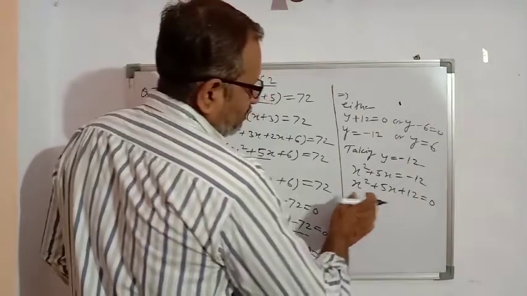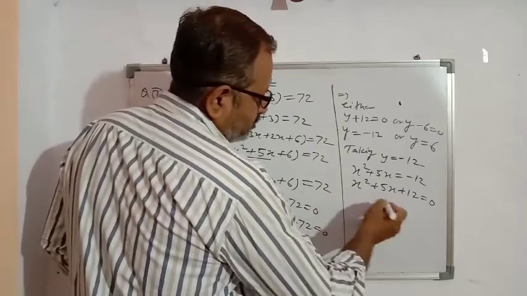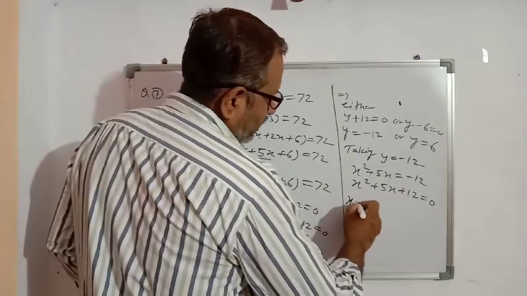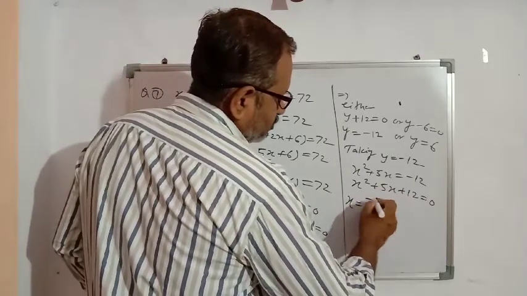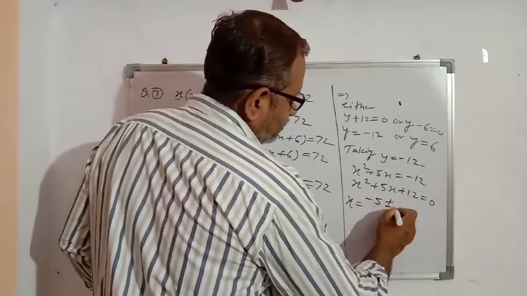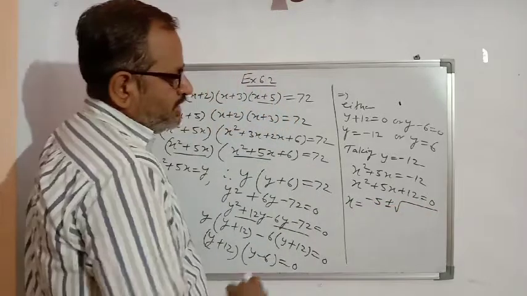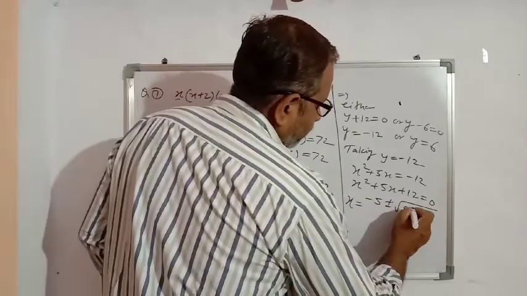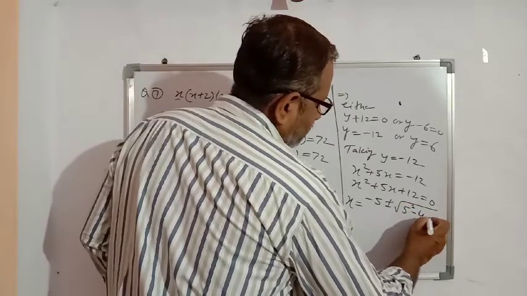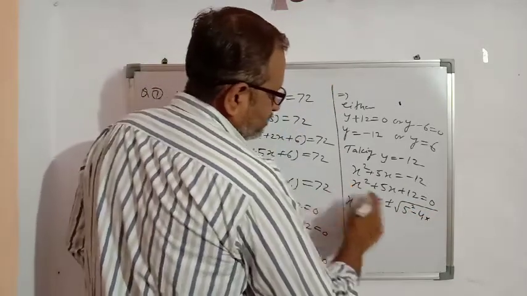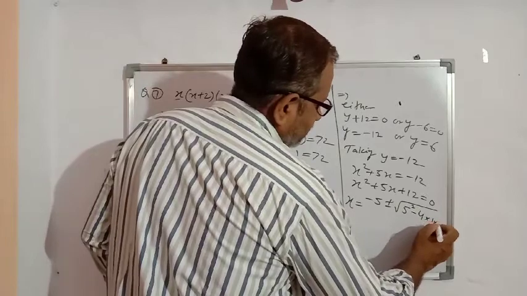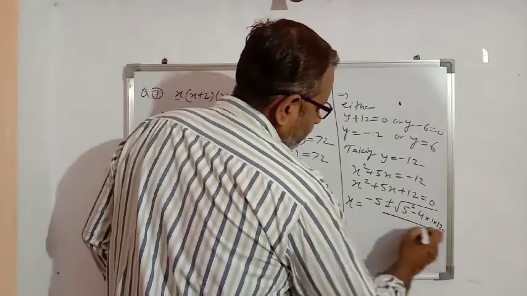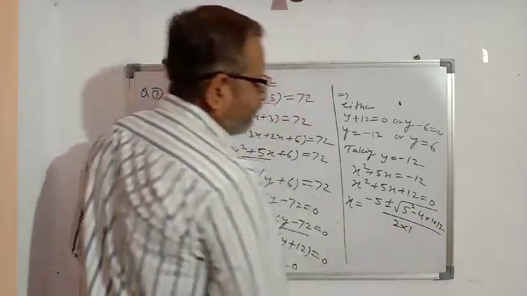Now solve it for x. So use the formula x is equal to minus b plus minus under root b square minus 4ac by 2a. So minus 5 plus minus under root 5 square minus 4 times a, which is 1, and c, which is 12, by 2 into 1.